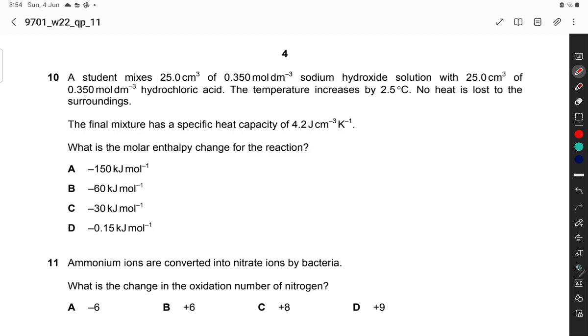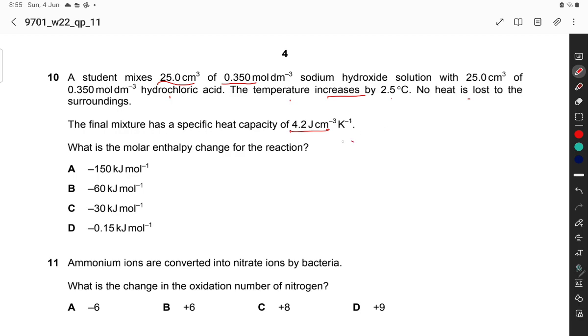Question number 10. A student mixes 25 centimeter cube of 0.350 mole per dm cube sodium hydroxide solution with 25 centimeter cube of hydrochloric acid. Temperature increases by 2.5 degrees centigrade. No heat is lost to the surrounding. The final mixture has a specific heat capacity 4.2.